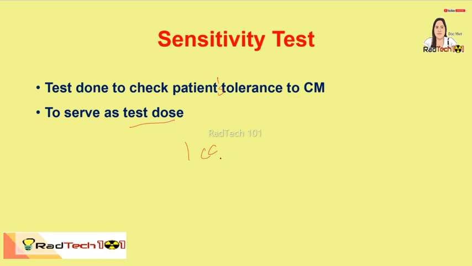If there are no allergic reactions, we can proceed with the examinations as scheduled. But if the patient presents allergic reactions, there should also be antihistamine drugs on standby to be injected to the patient when we see allergic reactions.